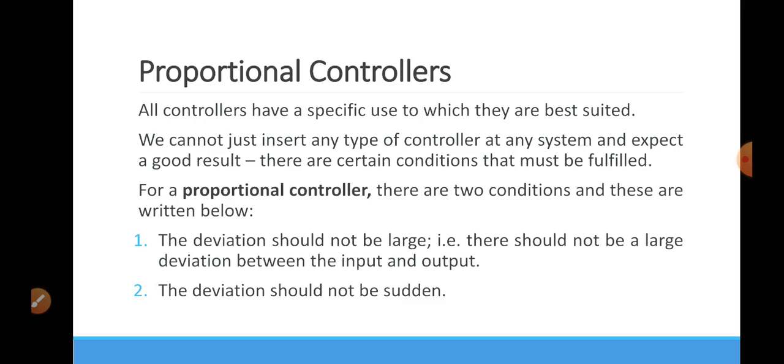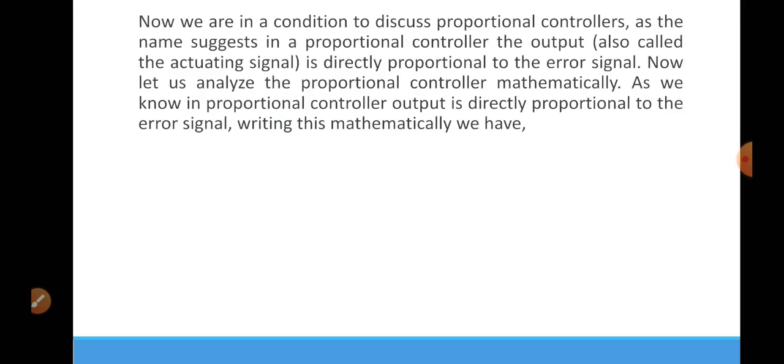Okay, now let us go ahead. Now we are in a position to discuss the proportional controller. As the name suggests, in a proportional controller the output, also called the actuating signal, is directly proportional to the error signal. The error signal is the input for a controller, and the actuating signal is the output for a controller.